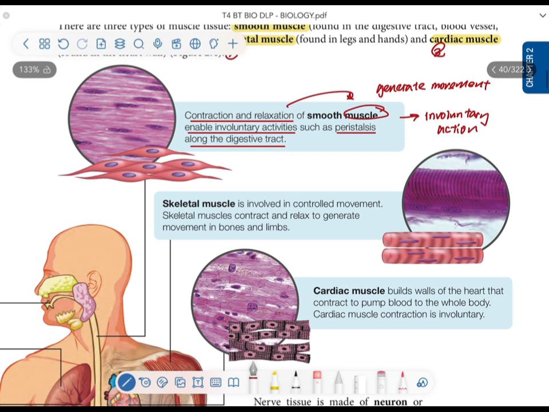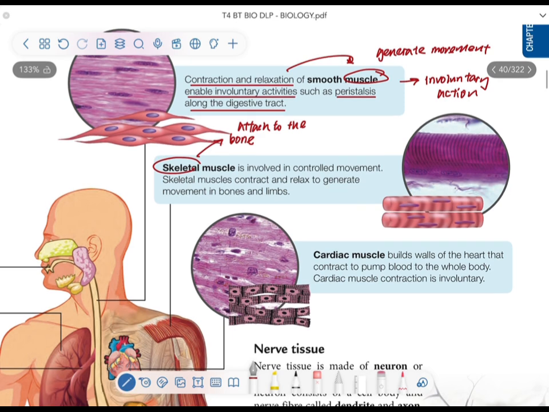And then the second thing is skeletal muscle. The word skeleton means it must be something related to bone. So it is the muscle that attaches to the bone. Let's look at its function. Skeletal muscle is involved in controlling movement, which is voluntary action.